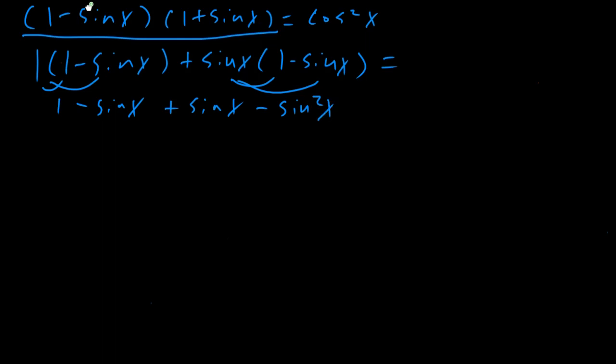So negative sine of x plus sine of x is just 0. So what we're left with is 1 minus sine squared of x is equal to cosine squared of x.